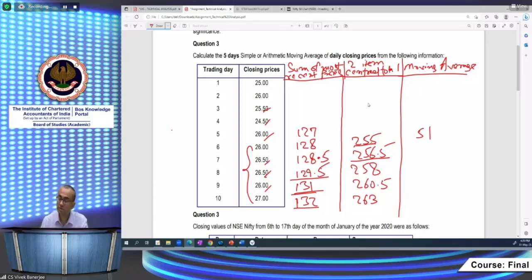Sorry, it is coming to 10, so we will not divide it by 5. We will divide it by 10 trading days.